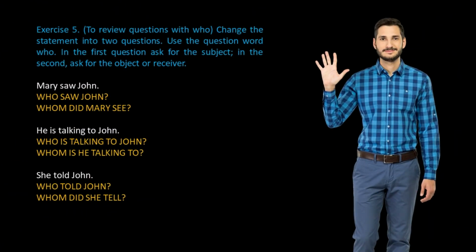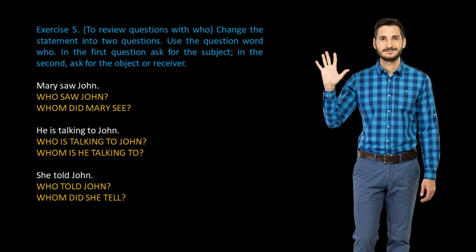Exercise 5. To review questions with who. Change the statement into two questions. Use the question word who. In the first question, ask for the subject. In the second, ask for the object or receiver. For example, Mary saw John. Who saw John? Whom did Mary see?